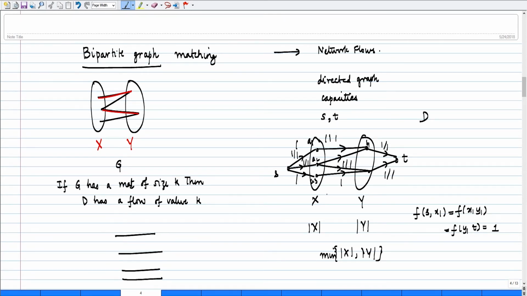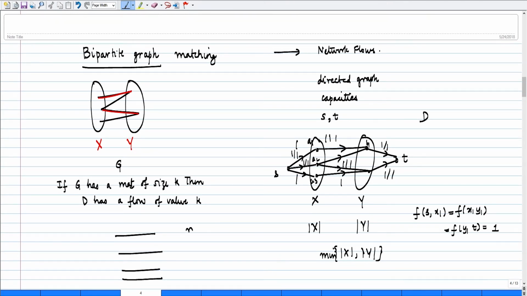So this shows that if G has a maximum matching of size k, then D has a flow of value k. That's all it shows: if you give me any matching of a particular value, I will construct a flow of the same value.